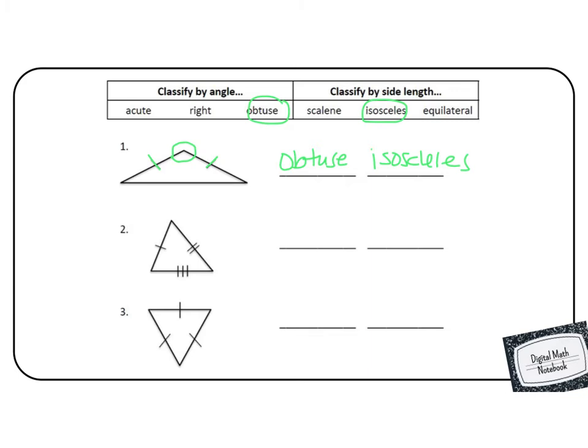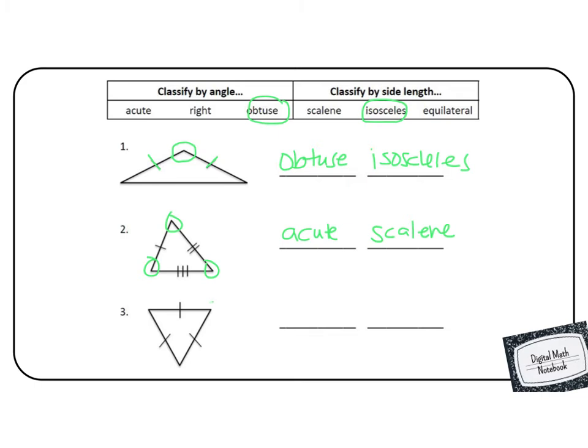Our second triangle has every side different, but all of the angles are less than 90. So this is an acute triangle with all different sides. We call that scalene. And here is our third triangle.